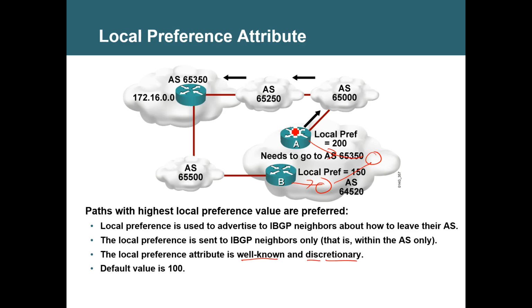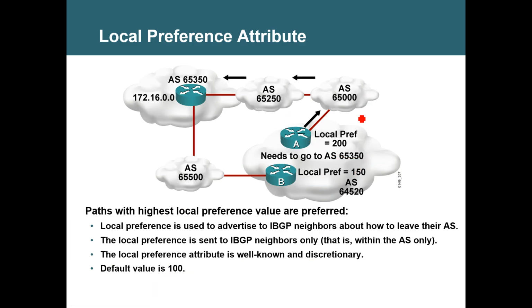But this local preference will not be sent to eBGP. You see, local preference is used to advertise to IBGP neighbor. See, it's not saying eBGP neighbor. Local preference is a value, a number. The default is 100. The higher you give, the more it is preferred.